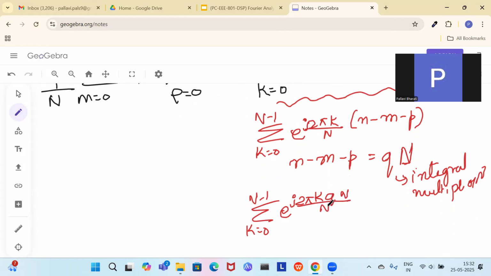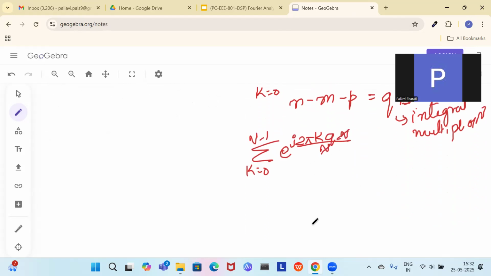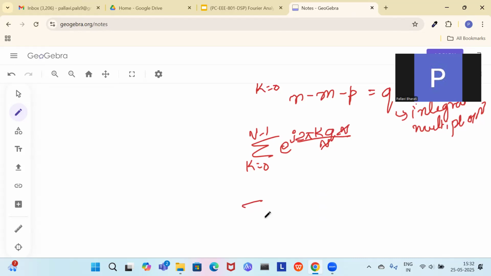Now we can just cancel these capital N's. So we are left with summation k equals 0 to N minus 1 e to the power j 2 pi q whole to the power k. Since k is changing, this whole thing is constant, only k is changing.